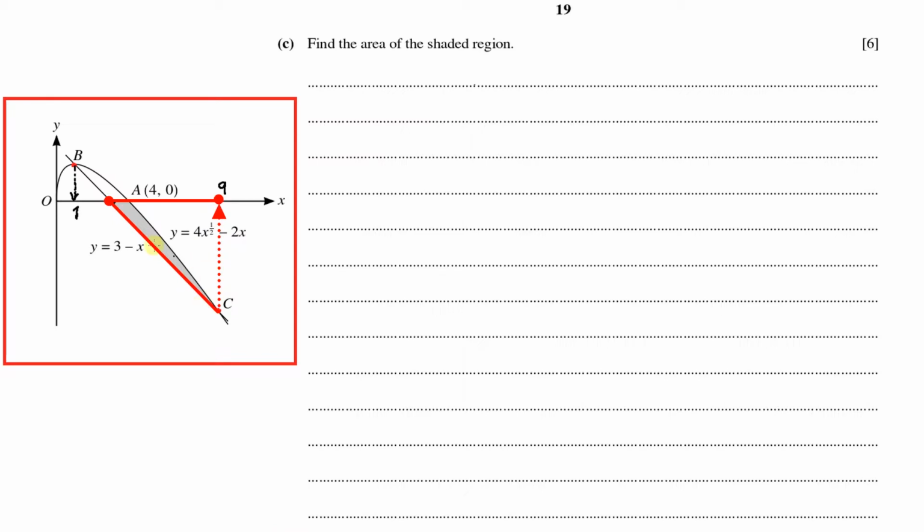After we've found the area of this triangle, we can find the area under the curve from this point all the way up to 9 and subtract it from the area of the triangle.